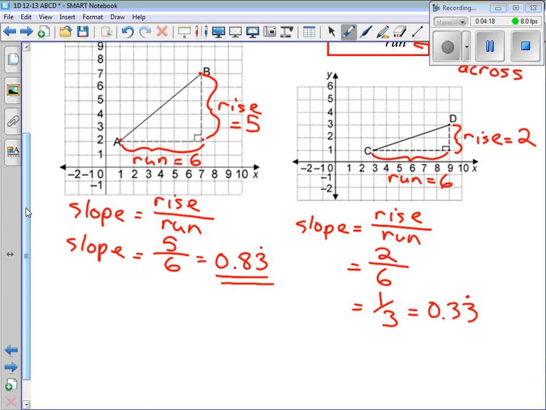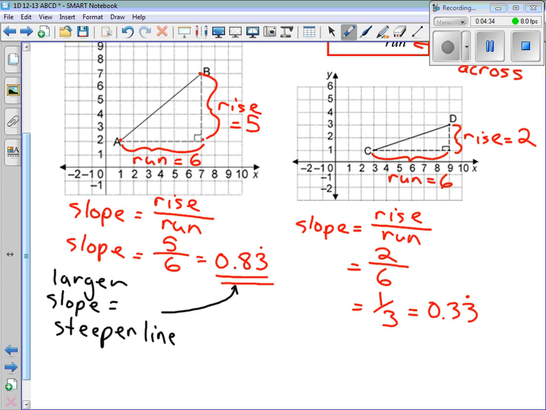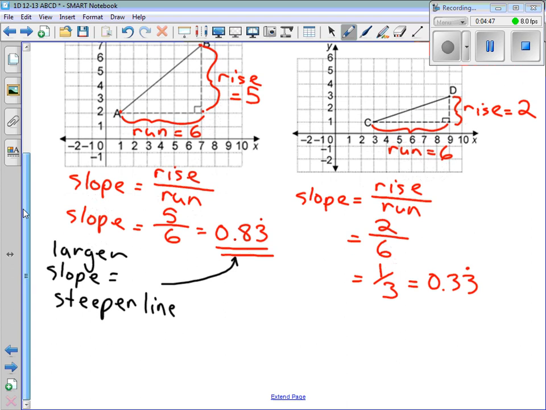Okay. So this has, we'll just change colors here. We'll say larger slope equals a steeper line. Okay. The other thing to notice about our slopes here is that both of these are positive numbers. Okay, we've got positive 0.83, positive 0.33. And both of our lines are going up as we go to the right.